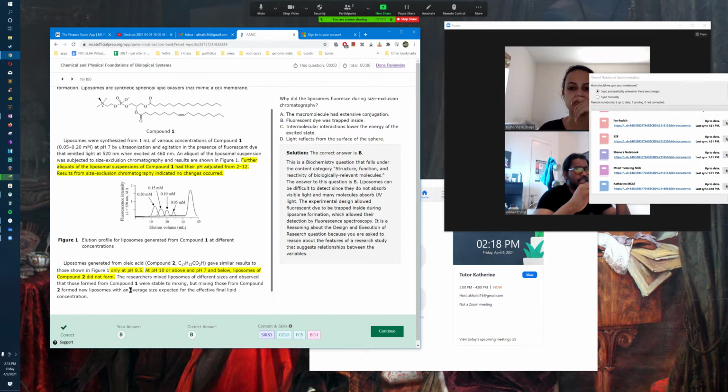But C is talking about intermolecular interactions, so that would be between molecules. And they're saying that would lower the energy of the excited state. How is that wrong, that it's between molecules?